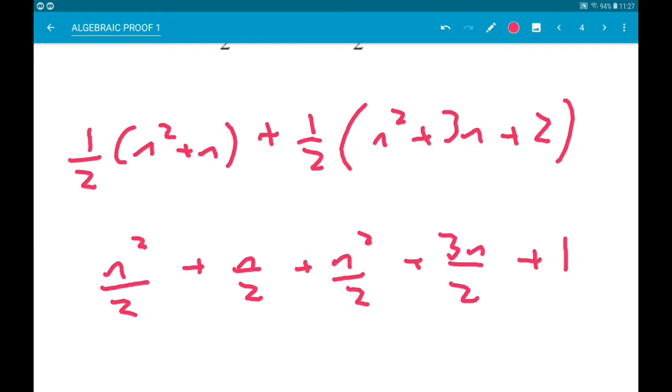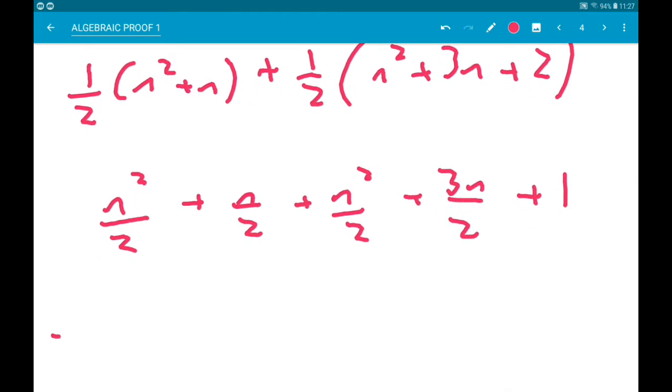Okay, so now we need to sharpen this up. So n squared over 2 means 1/2 of n squared. So we have 2 of those. So n squared over 2 add n squared over 2 is 1 whole n squared. So this is going to start with n squared.